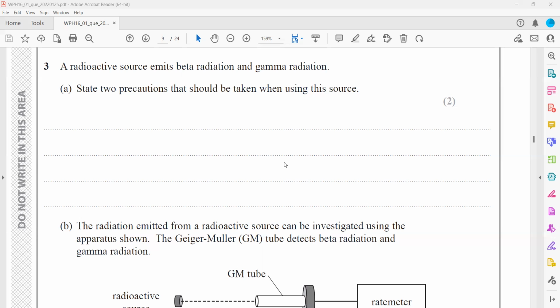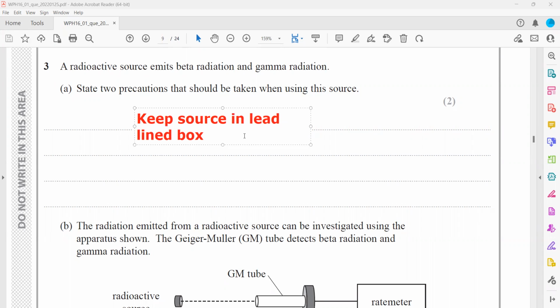We should maintain a distance from the source, or keep the source in a lead-lined box, and use the source for a short period of time. These are the safety precautions related to a radioactive source.